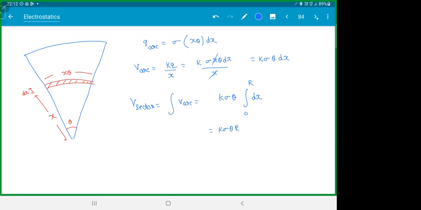Check. K sigma theta r. This is the potential due to a sector at its center. So the main idea is how to take an element. If you can take arcs at a distance x, all these are the same distance, so the potential will be easy. Field is still tough, potential is easy.